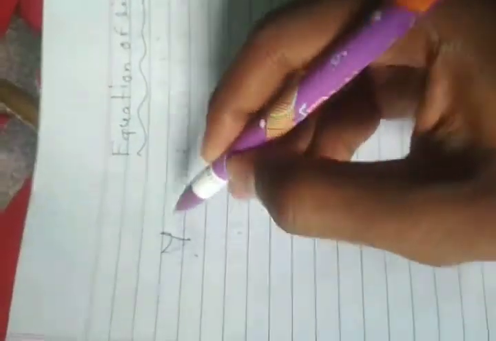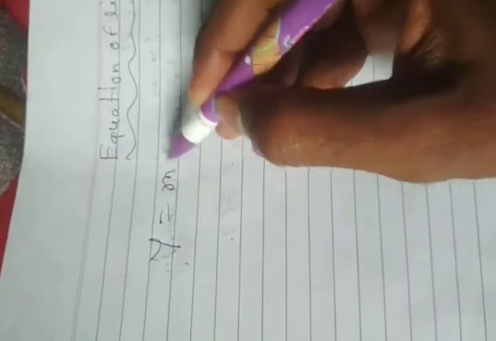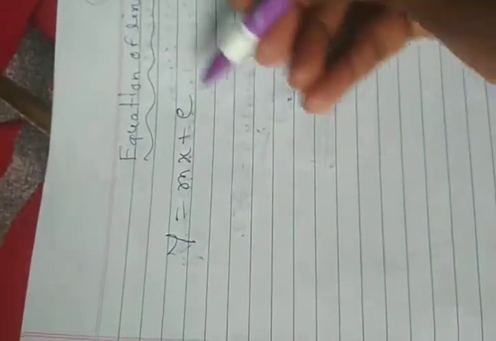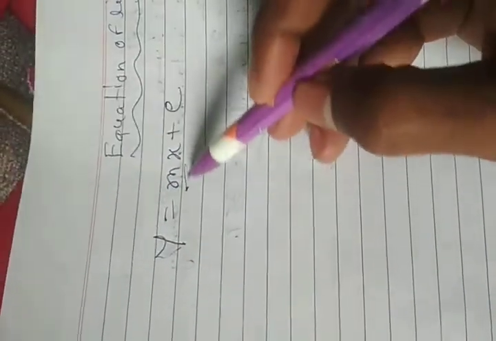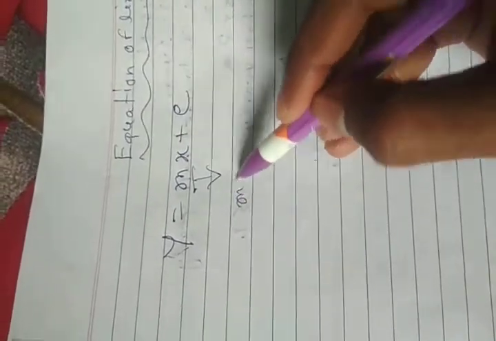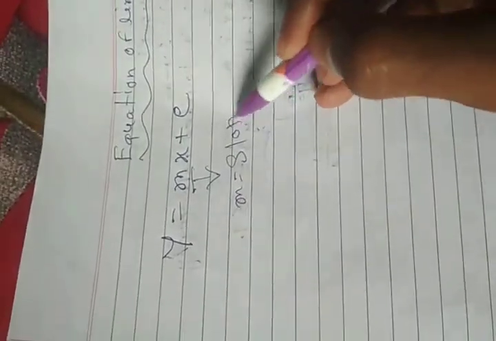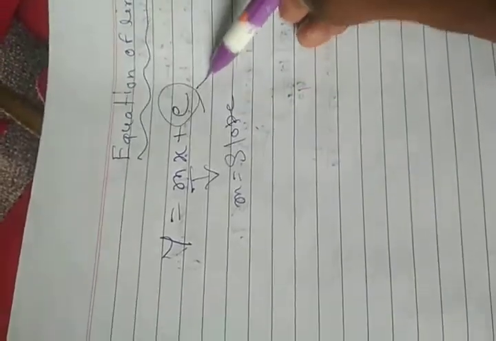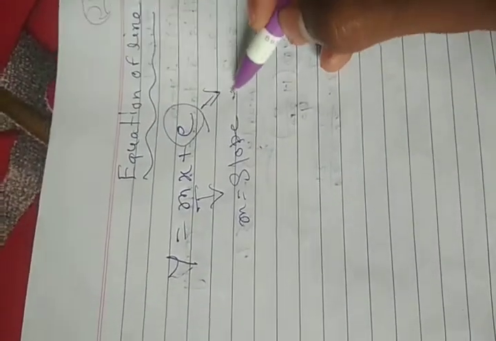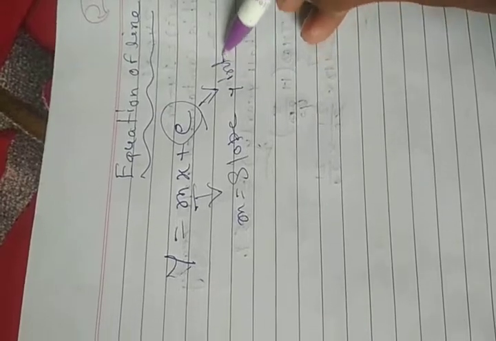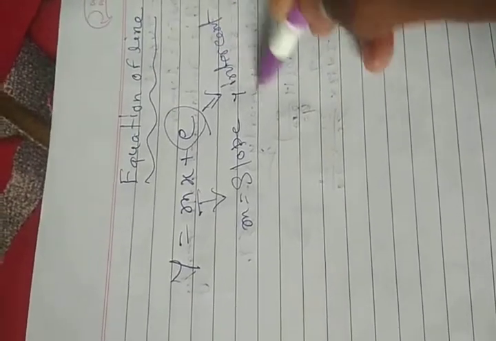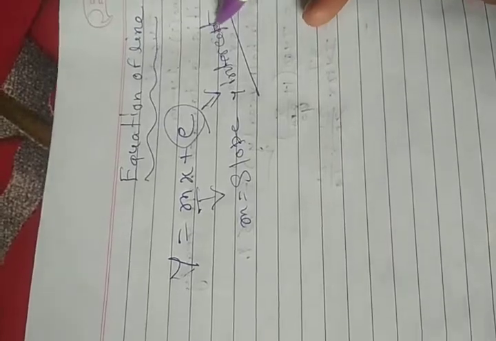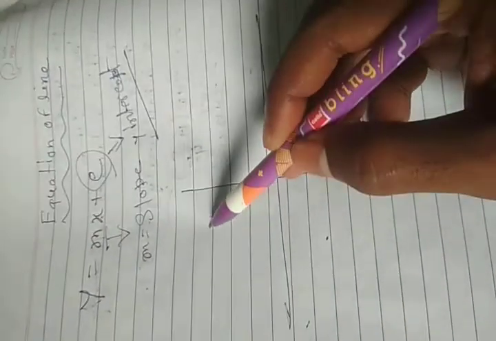What is the standard equation of a straight line? That is y equal to mx plus c, where m is slope, c is y-intercept. Let's check this. Like there is a coordinate plane, and a line passing through it.